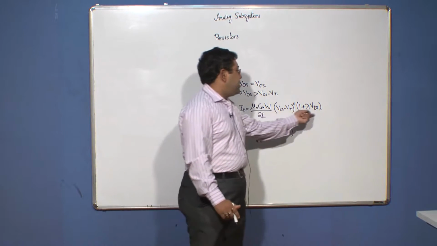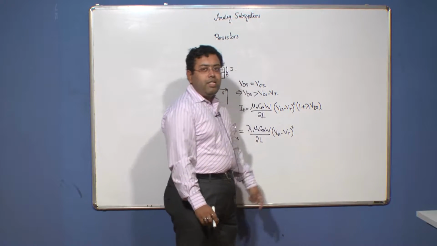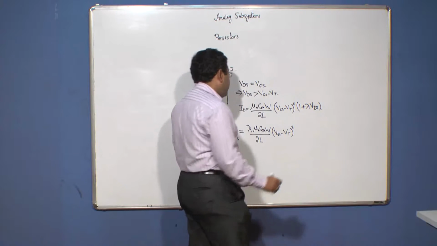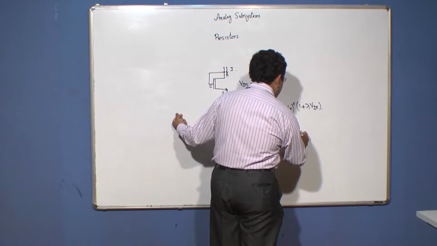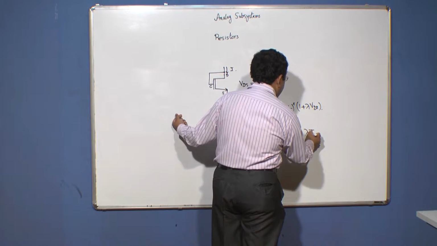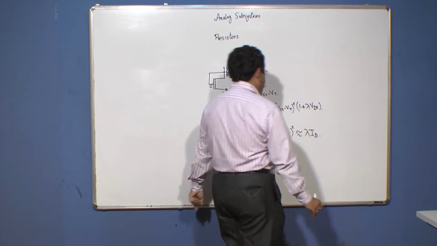Therefore, this term has got an insignificant magnitude, and therefore, we can approximately keep this equal to lambda ID.